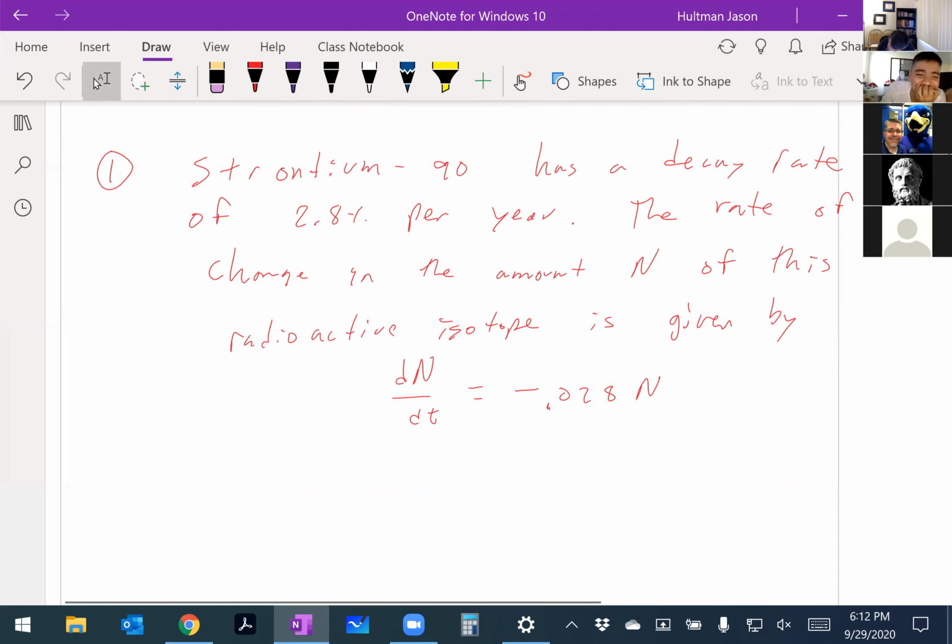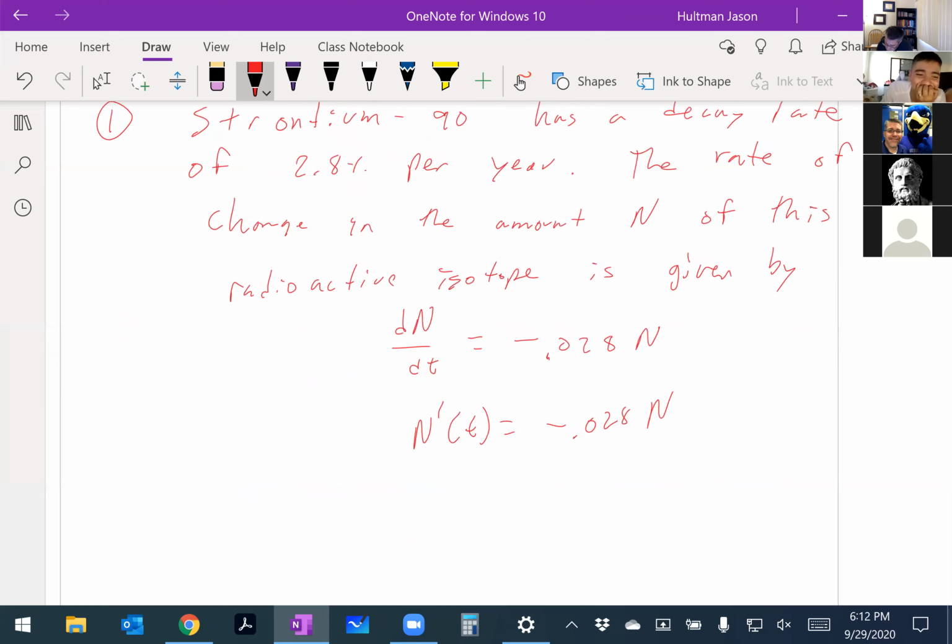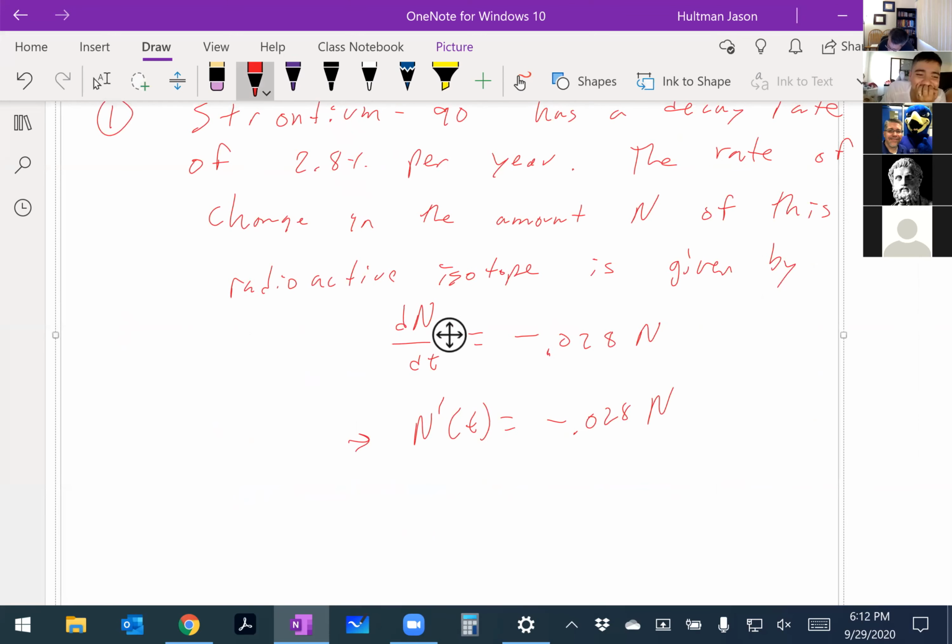Think of this as N prime of t is equal to negative 0.028 N. And when we have this, that's our exponential decay model of rate 0.028.